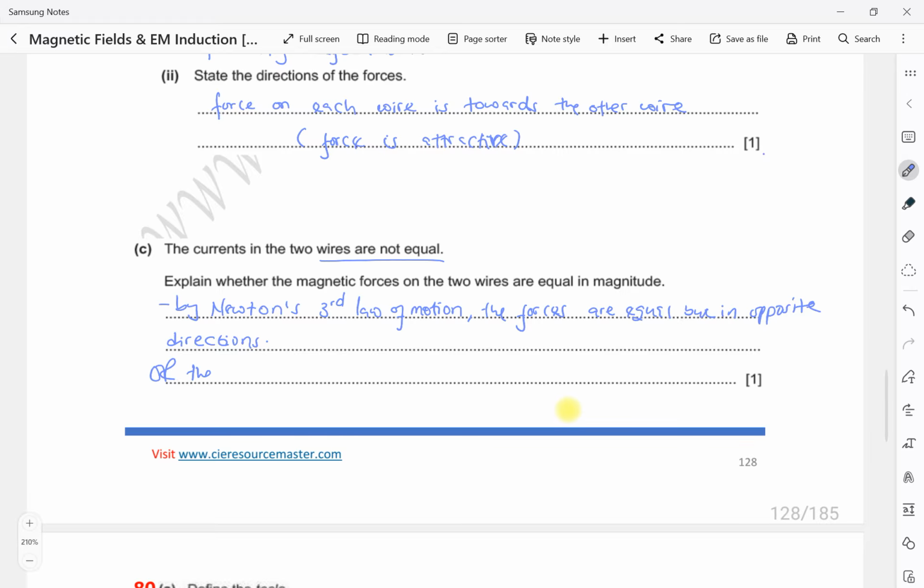Or you can say the force on each wire is proportional to the product of both currents, and so the forces are equal in magnitude.